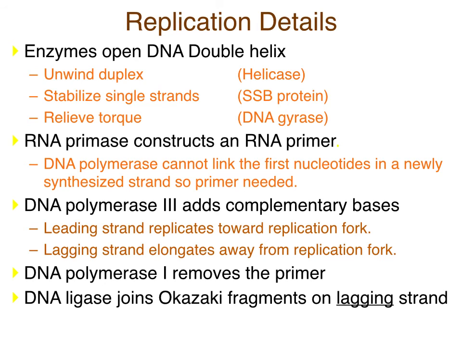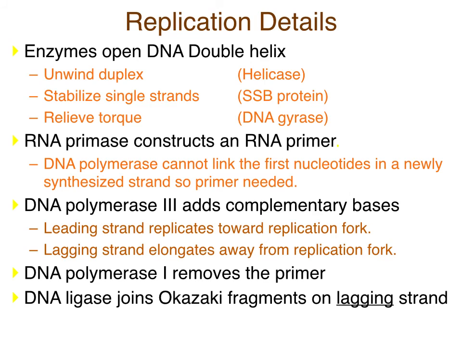Then you have DNA polymerase 3 coming in and starting to synthesize those complementary strands. It's going to do it differently in the leading strand as opposed to the lagging strand. In the leading strand, it's going to replicate towards where the DNA has separated.